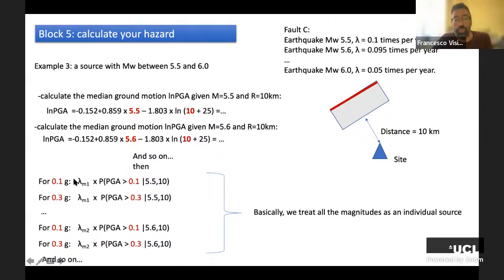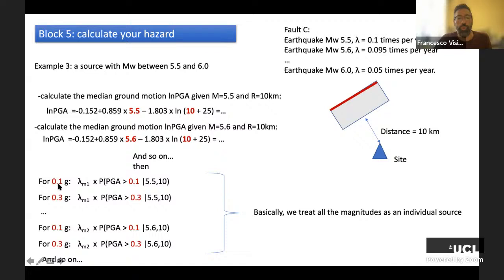We have to pay attention to multiply each median logarithm by the appropriate lambda. So we have to calculate a lot of annual rates of exceedance.